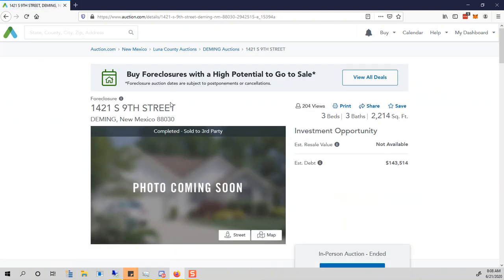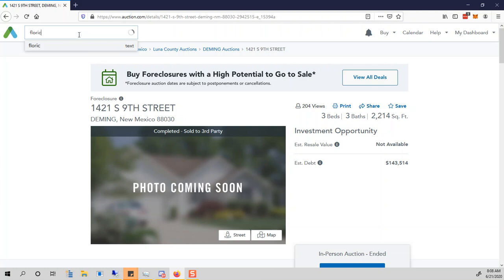Sold to third party, which is what we want. Instead of the bid price, what we need is the estimated debt. I don't know what variations are out there that the bot needs to consider, but that's the situation for New Mexico.